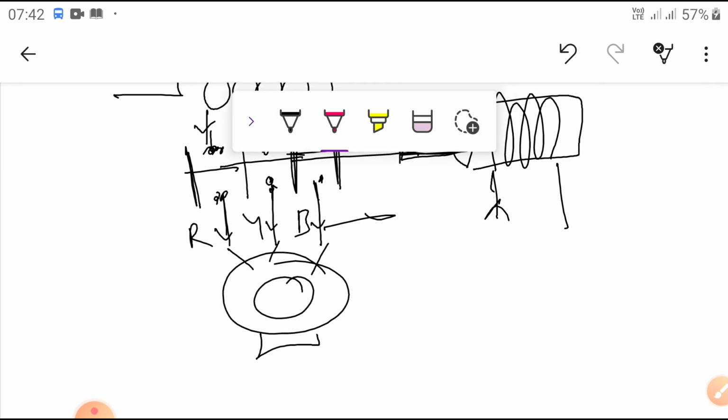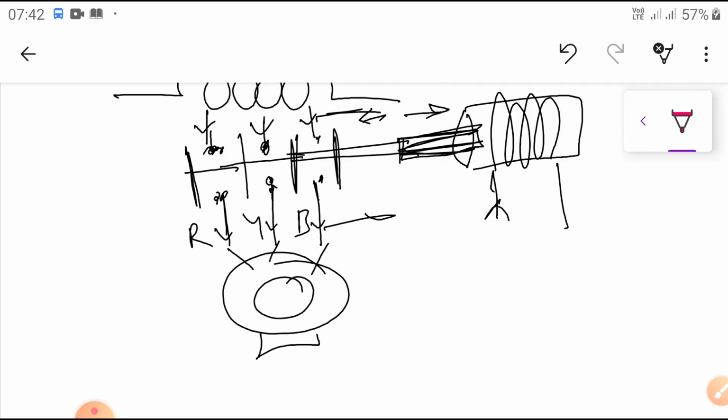Don't confuse, I will tell once again. This R phase is a knob, the Y phase is a knob, and the B phase is a knob. This is another arrangement. Under normal condition, whatever current is coming here will stop here only, so it is not connected to this motor.